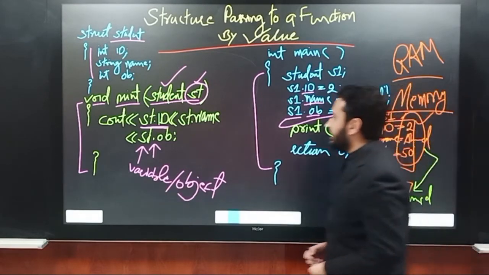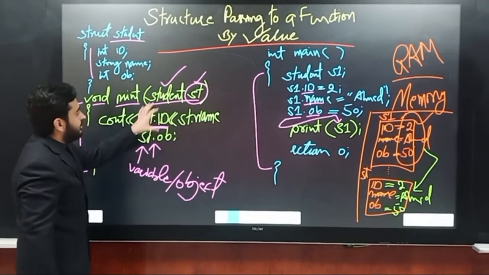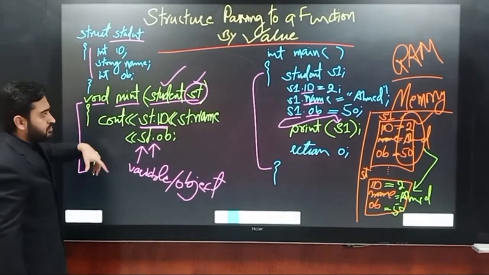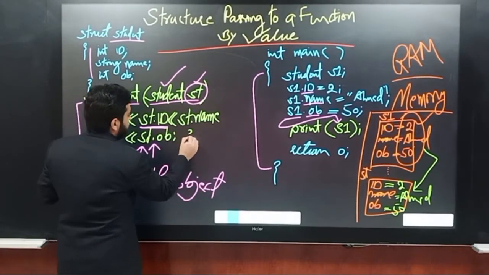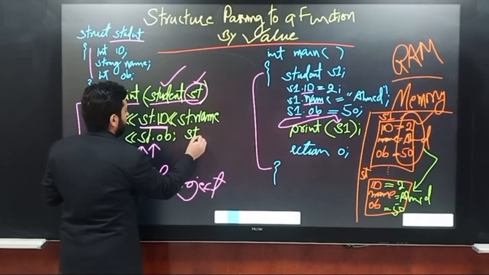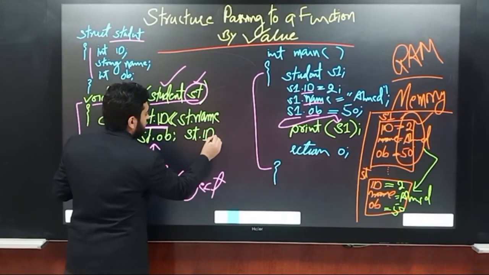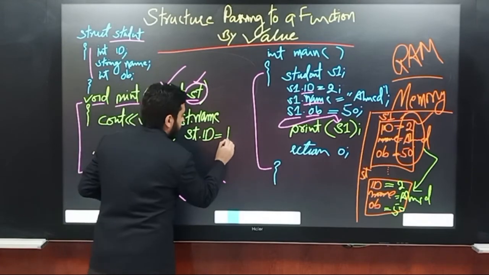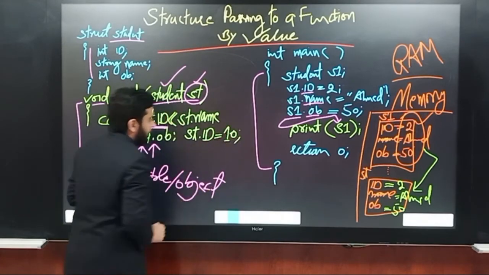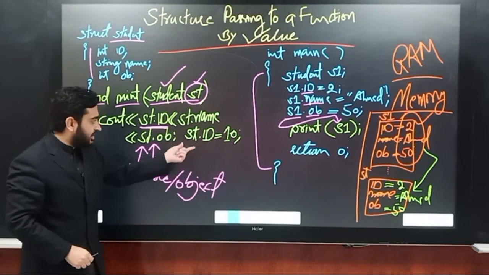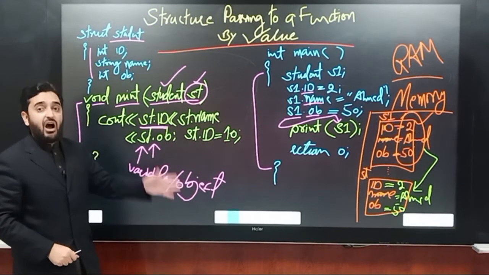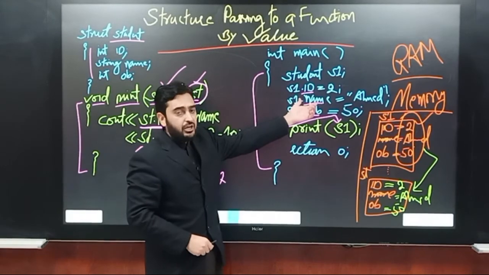So for example, if you want to change the value of ST here in the user defined function, just mention ST dot ID is equal to 10. So it means that you are changing the value of ID inside the ST object and not inside the S1 object.